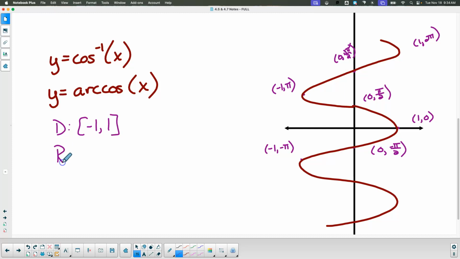It will also have a range of all real numbers. On a test, are we going to see both? Both? Yep. Interchangeable.